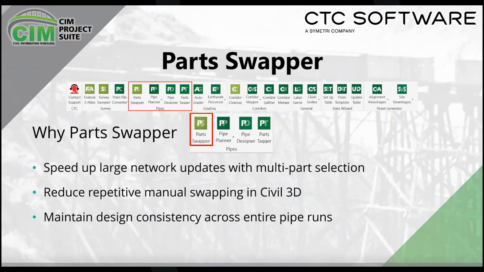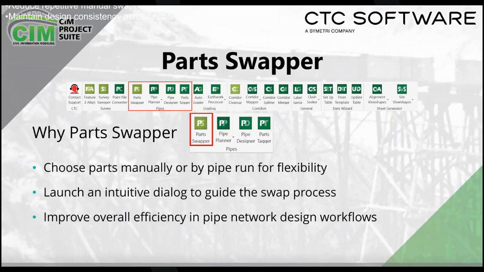which in turn should help speed up your updates if you're doing revisions to a multi-part or a large network, and reduce that repetitive one-at-a-time work while still maintaining consistency across your pipe networks. And so we'll choose our parts either manually, by run, or by the entire network.